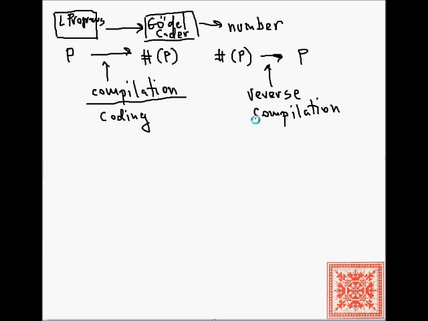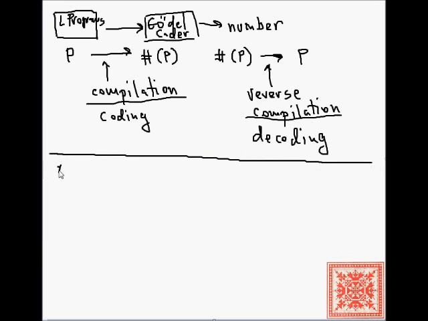In the theory of computability, instead of compilation and reverse compilation, we'll be using the terms coding and decoding. Coding means you take a statement in some formalism and map it to a natural number, and decoding means you take the natural number and extract from it the statement that is encoded by that number.